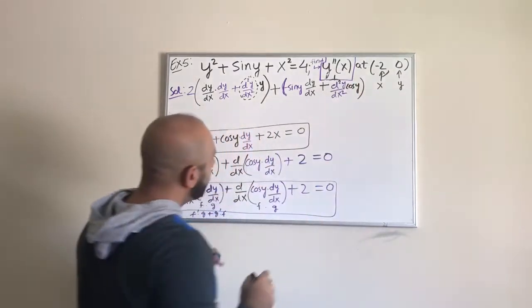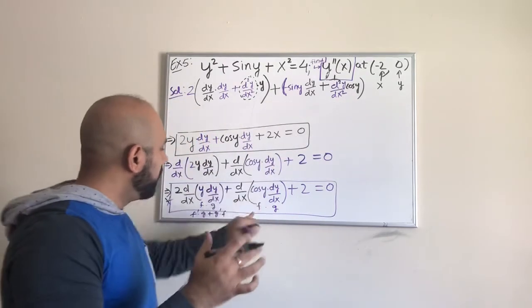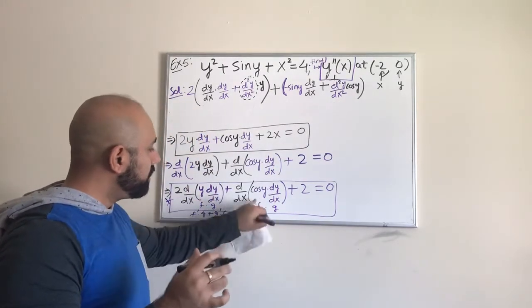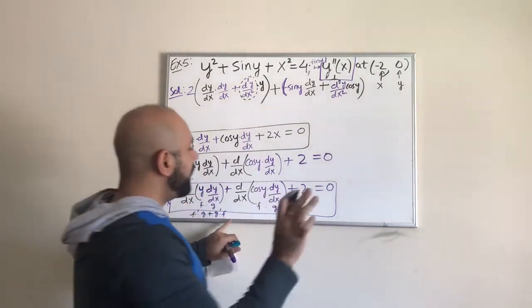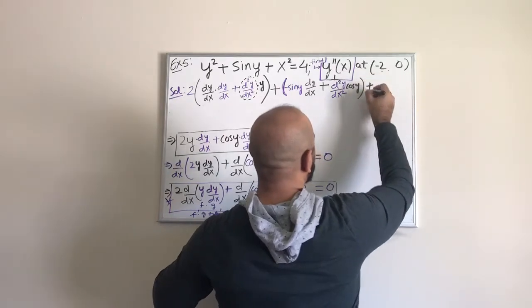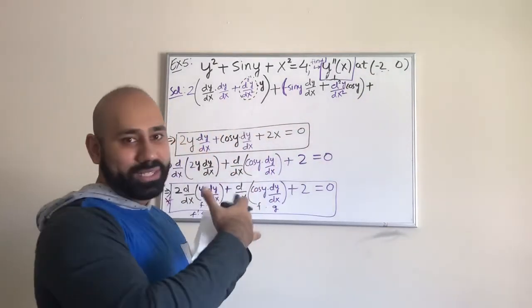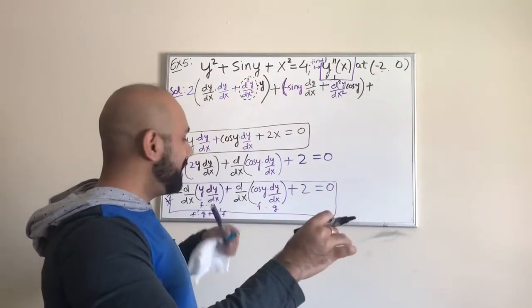I'm going to close it. I started a parenthesis here, I closed it. I was going to get two terms when I use the product rule, so close that with the parenthesis. What else do I have? Let me get some more space here, because I want to try to write this in just one line. It's easier for us to understand if everything is written out in just one line.